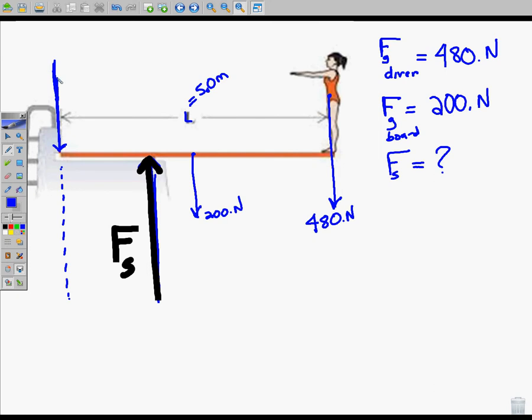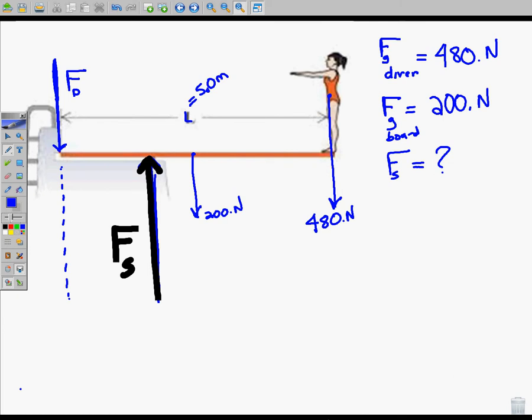That's got to be pushing down on the board over there, and we don't know how much that is. We don't know FS either, right? I'm going to call this F sub D for down. Very creative, yes? So we don't know F sub D as well.